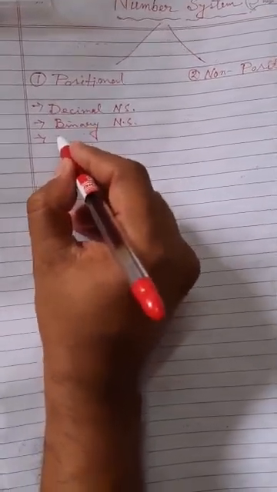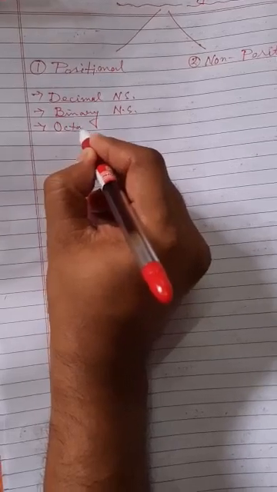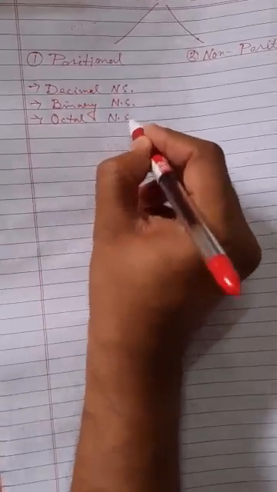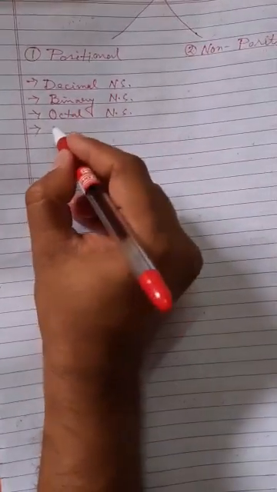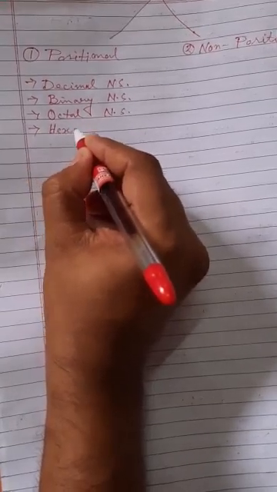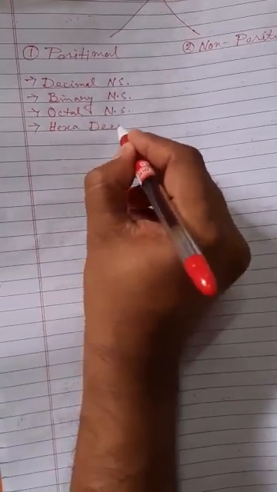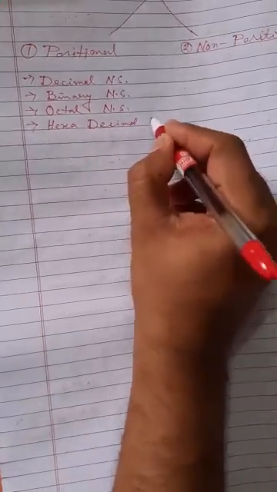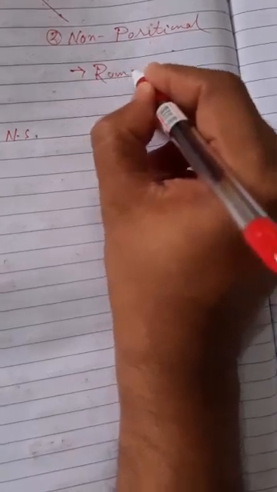Third is the octal number system, and the next one is the hexadecimal number system. So these four number systems are called the positional number system. And there is only one non-positional number system, which is the Roman number system.